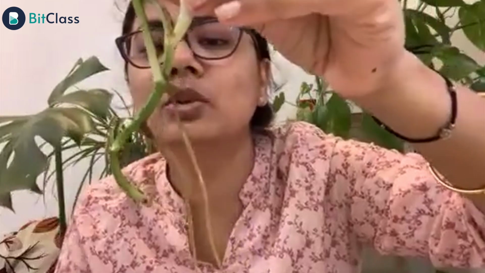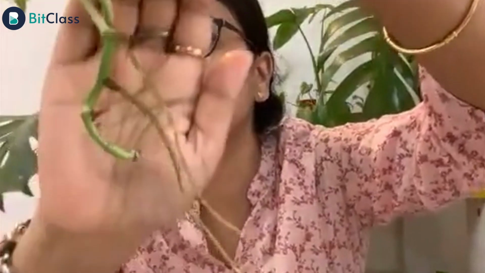Plants like money plant generally grow aerial roots from the nodes, and they are very easy to grow in water. You just grab a cutting with more than 2 to 3 nodes. When you submerge the node in water, these aerial nodes will start growing into water roots.